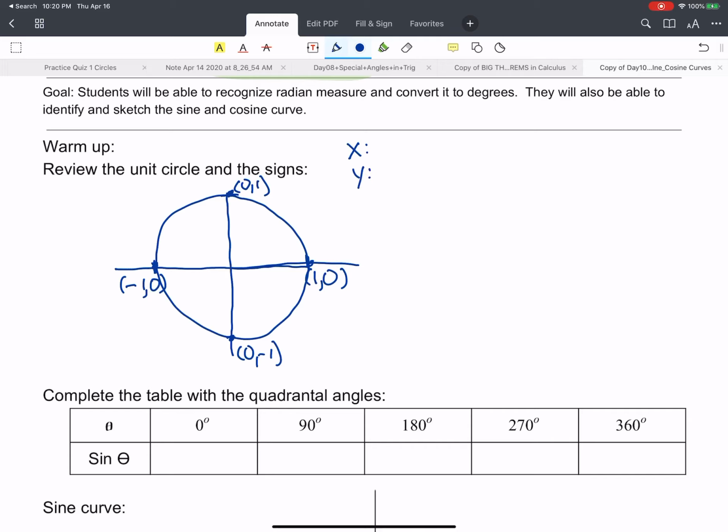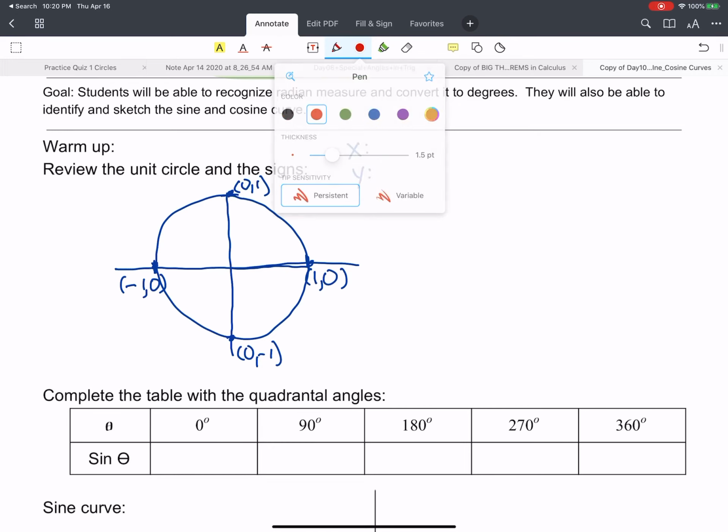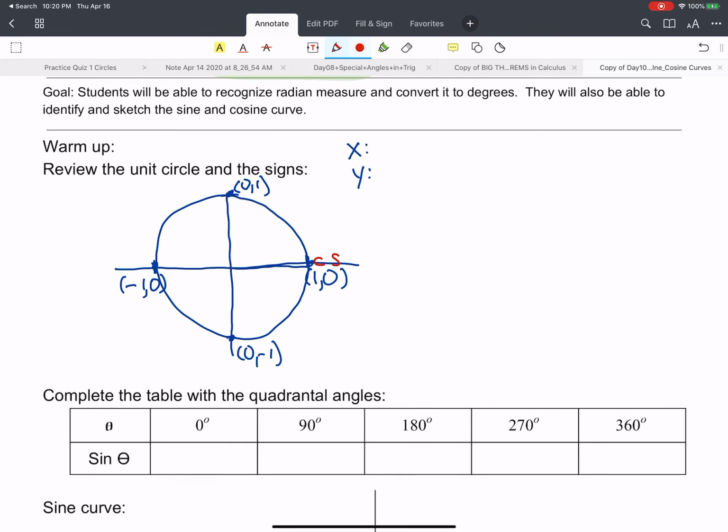So the sine is the y coordinate, because this is x and y, right? Sorry, I meant sine, and this would be cosine. That's one thing I wanted to review.